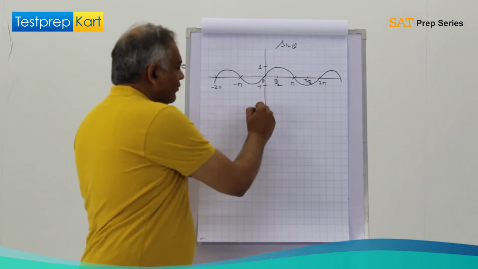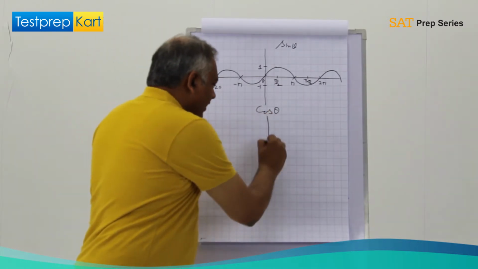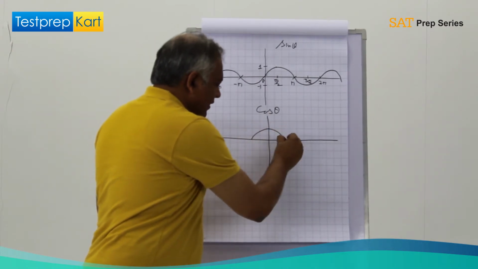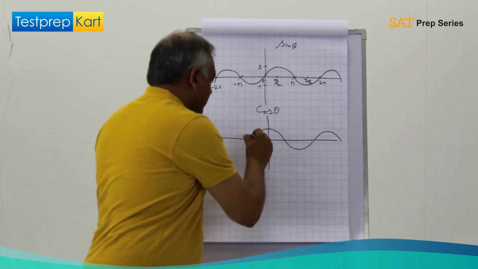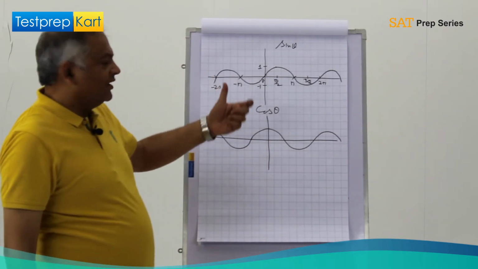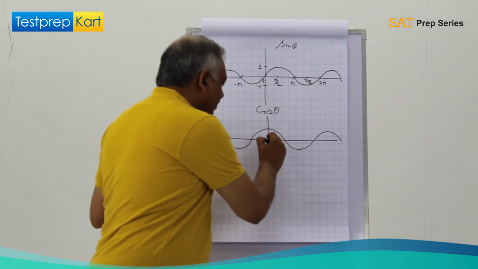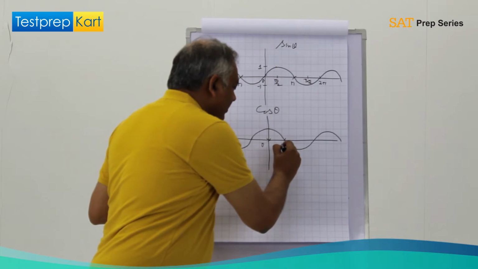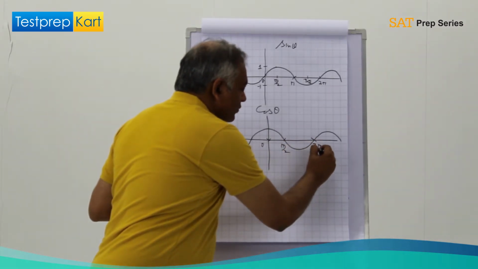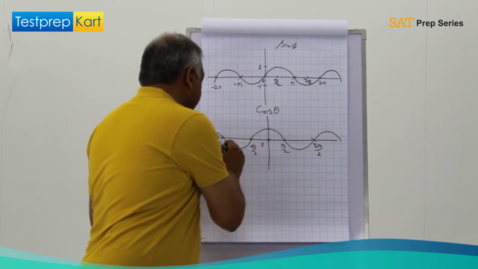Similarly, if you draw the graph of cosine theta, it will look like this. From a distance you can say that both are the same type of graph, but here the point is 0, this one is pi by 2, and this is 3 pi by 2, and likewise this is negative pi by 2, negative 3 pi by 2, and so on.